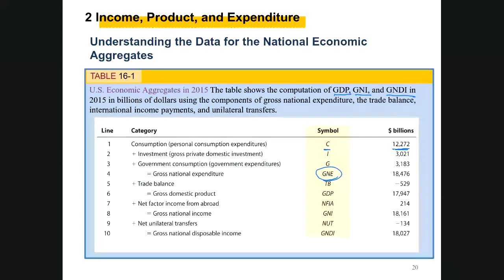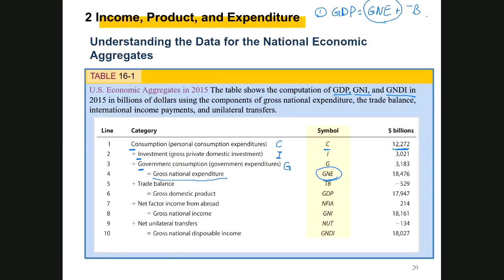The first equation we see today: GDP is equal to GNE plus trade balances. GNE is the sum of consumption, investment, and government, so C, I, G. Their sum is equal to GNE.